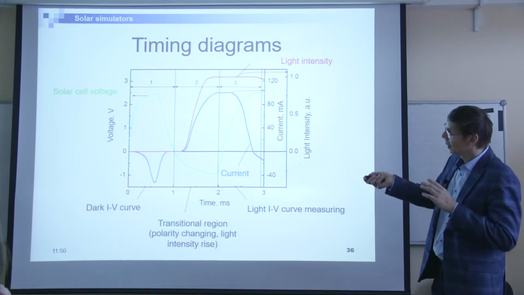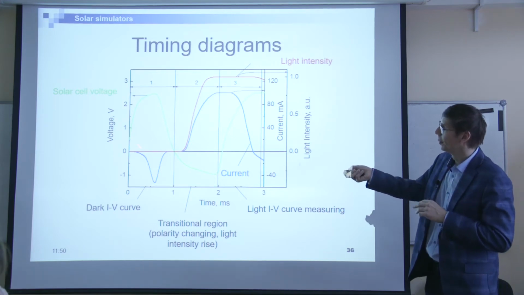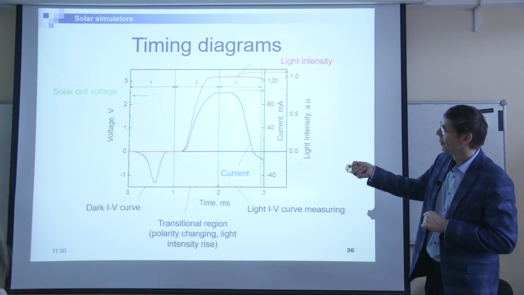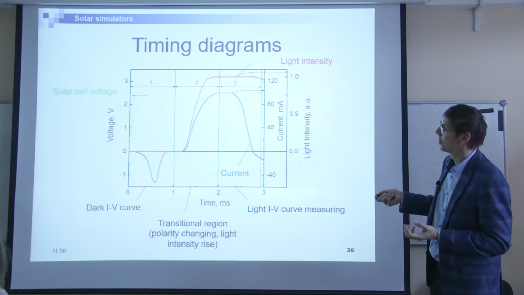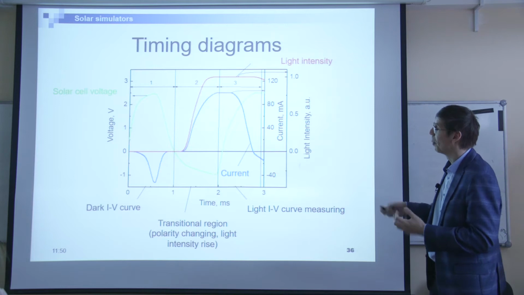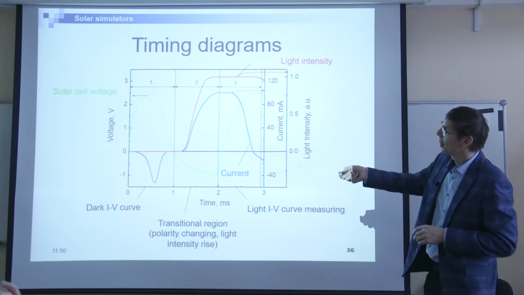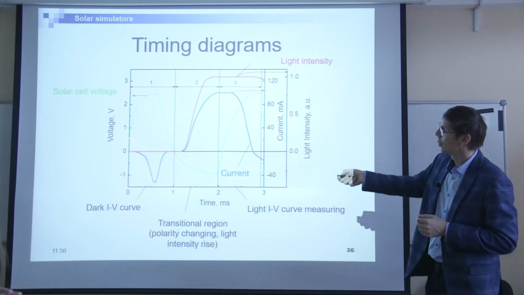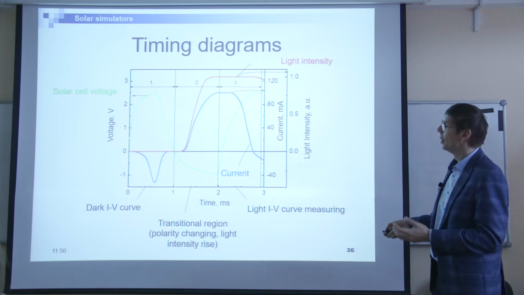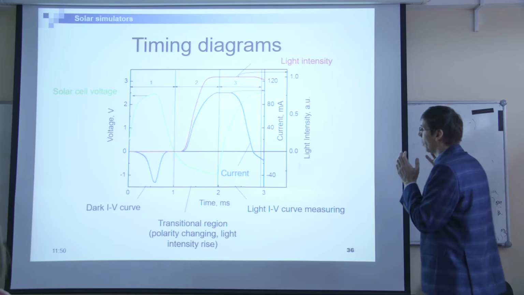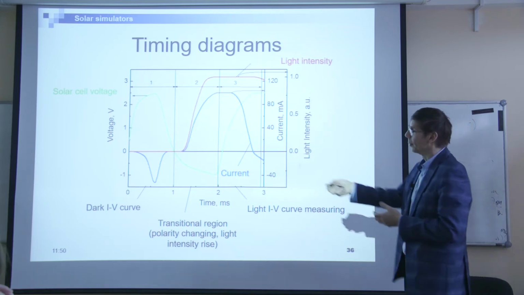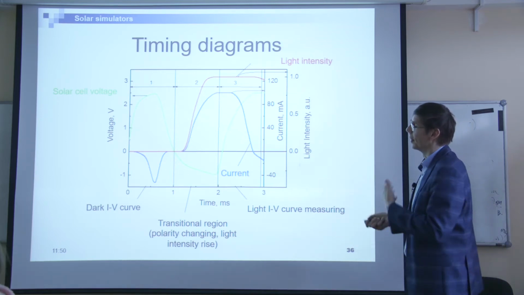But before, I'd like to describe the changes of the voltage which is applied to the solar cell. So, for example, here, first you can measure the dark IV curve, so you have some variation of the voltage, and you measure the current. So, in this case, you measure the dark IV curve.